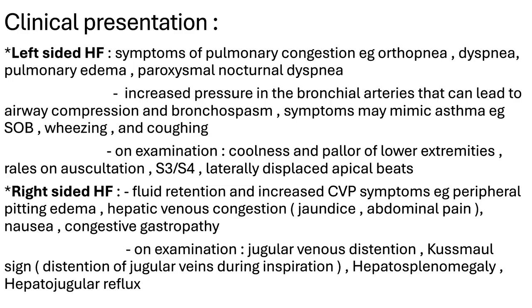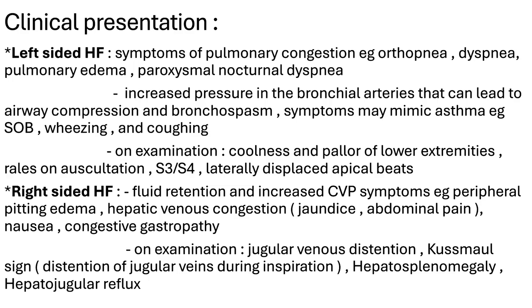In right-sided heart failure, there will also be an increase in the pulmonary artery pressure, and a decrease in the cardiac output of the right side. It is also worth mentioning that right-sided heart failure is mainly a consequence of left-sided heart failure. Anyway, due to the decrease in the cardiac output on the right side, there will be systemic venous congestion, which will lead to peripheral edema and progressive congestion of internal organs.